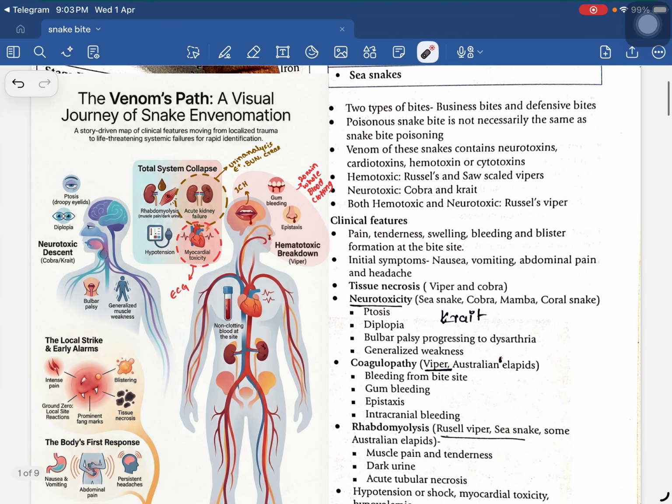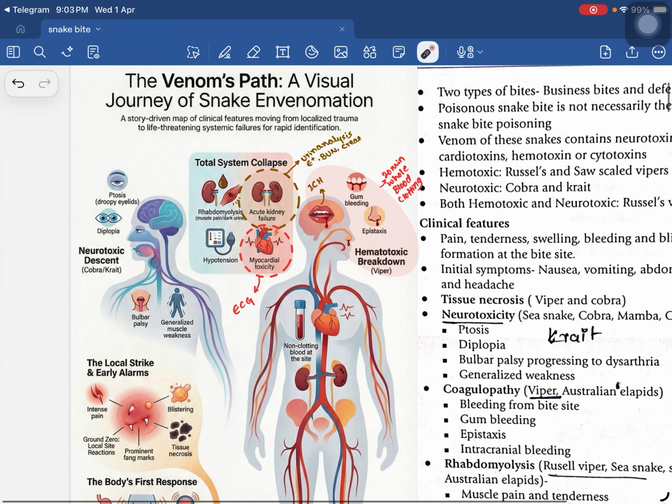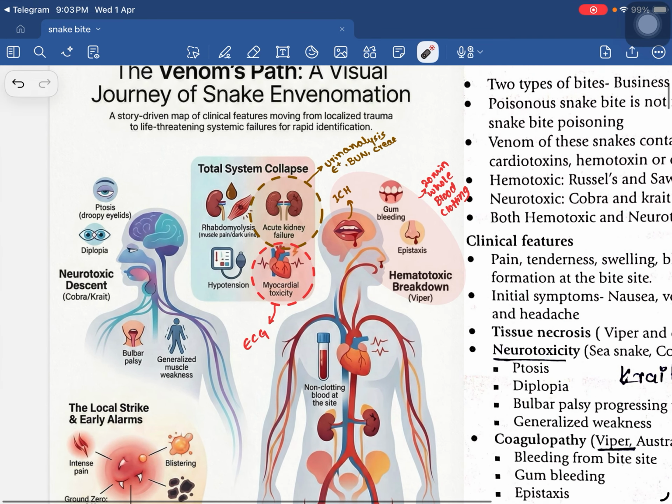Coming to the clinical features, by this diagram you can understand the clinical features. Here there are neurotoxic, hemotoxic and local symptoms and signs.